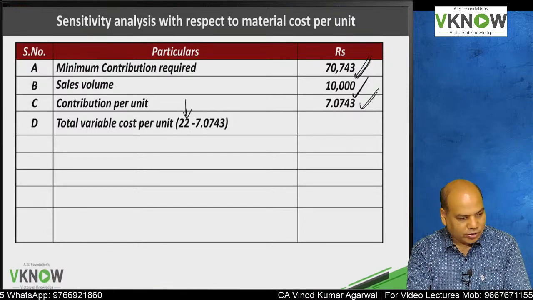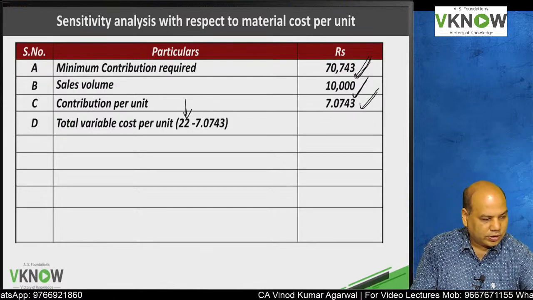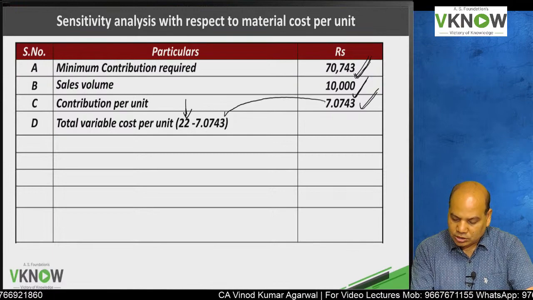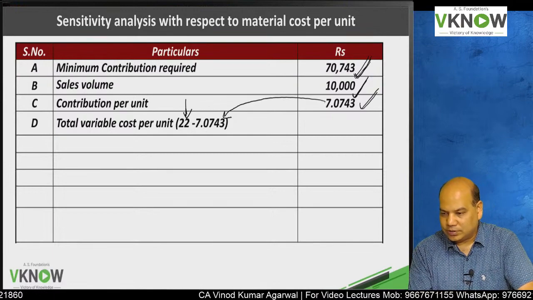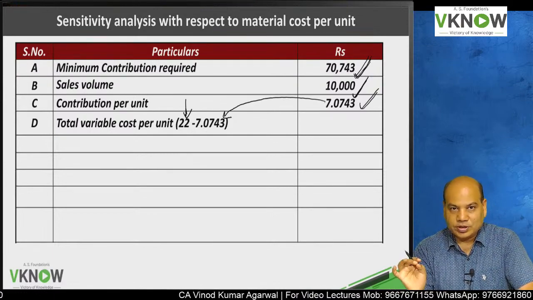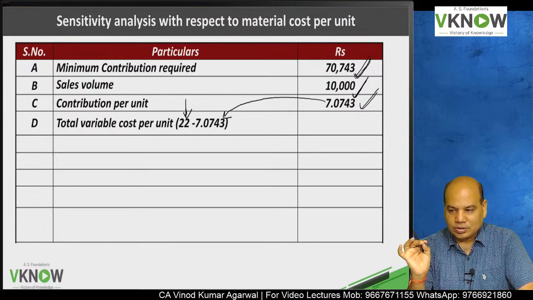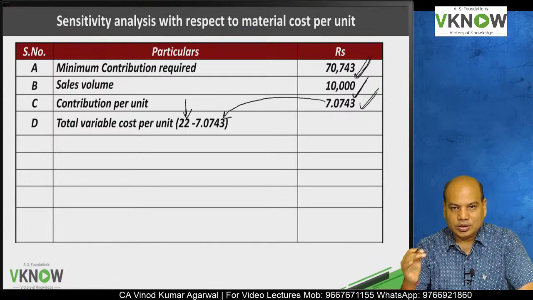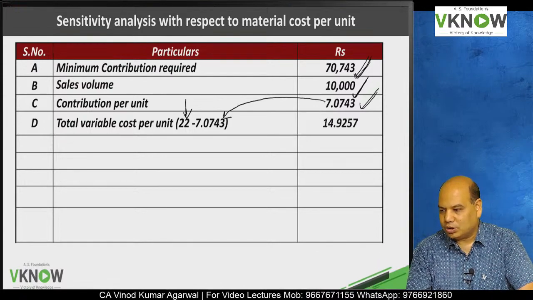Your selling price is 22. Contribution is 7.0743. All of you have studied in your costing: selling price minus contribution per unit will give you variable cost per unit.